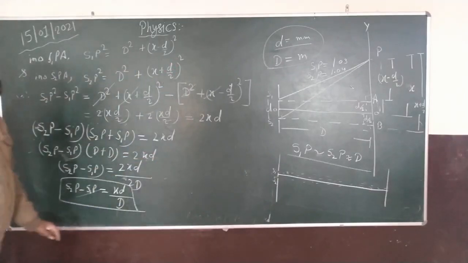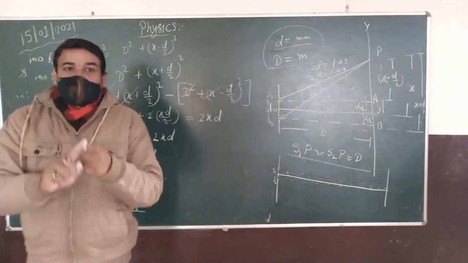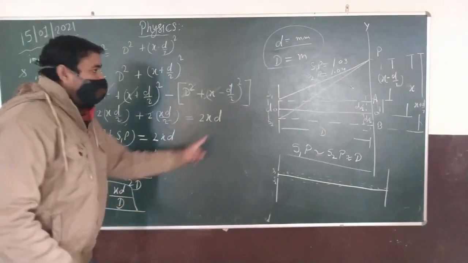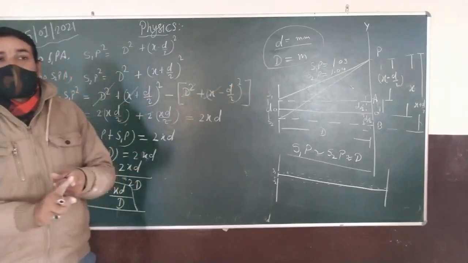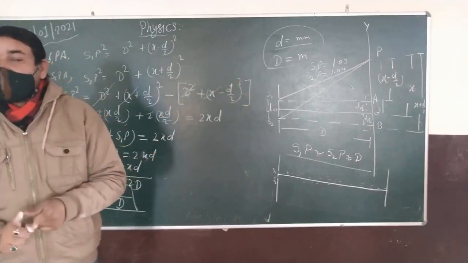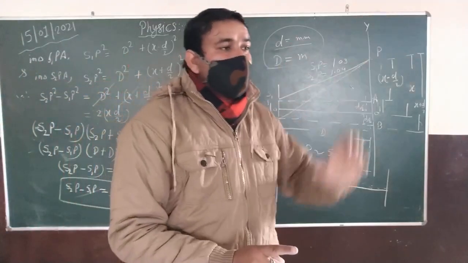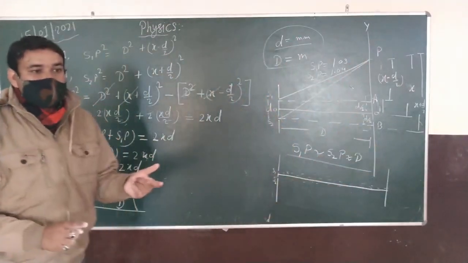Okay? So there should be two situations. One is the crest and crest of the two waves reaching P, or crest and trough of the two waves reaching P. If the crest and crest reach P, the amplitude becomes double, 2 times.